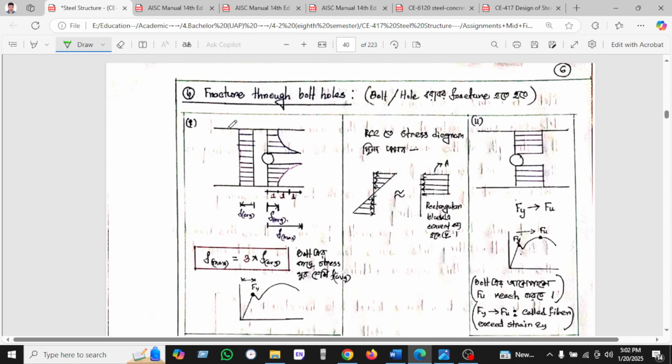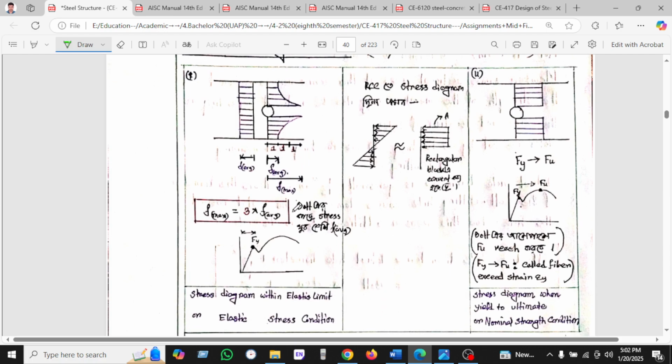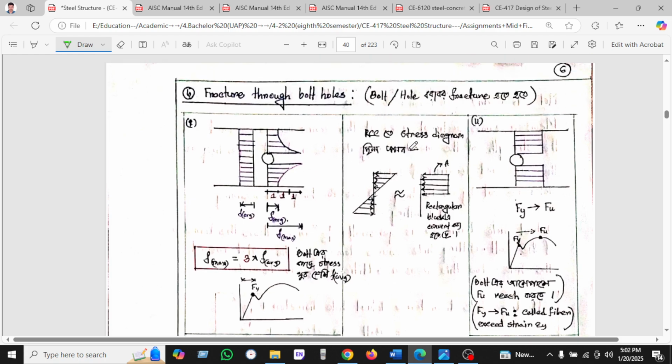Okay. So fracture through the bolt or hole, it will be a fracture along the bolt or hole. We can see here the bolt is tearing from the hole. Another case is when Fu, the ultimate strength, is applied, and we can see the bolt is tearing from the same side.